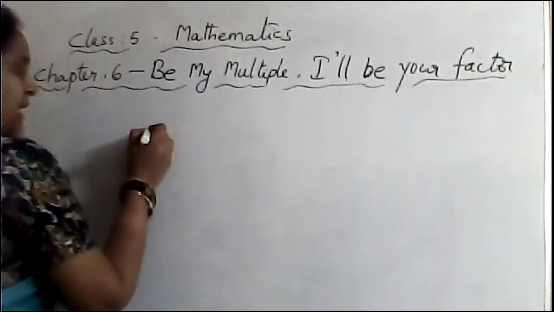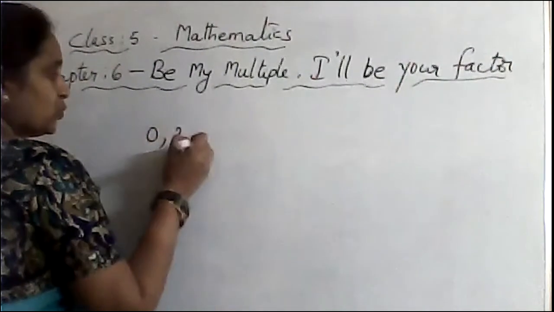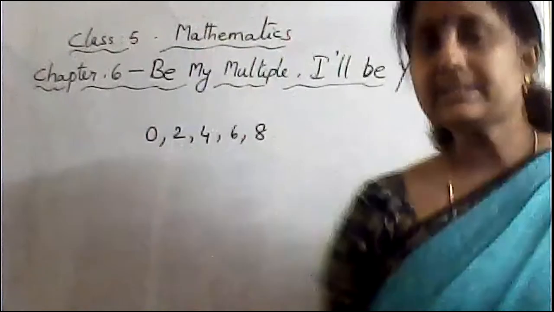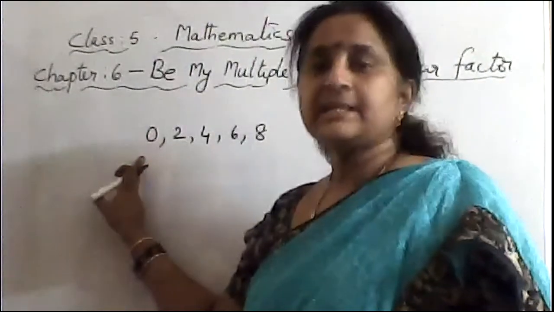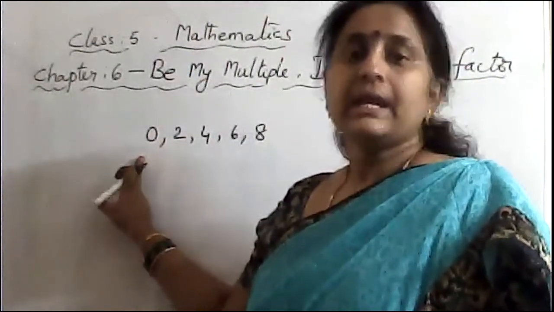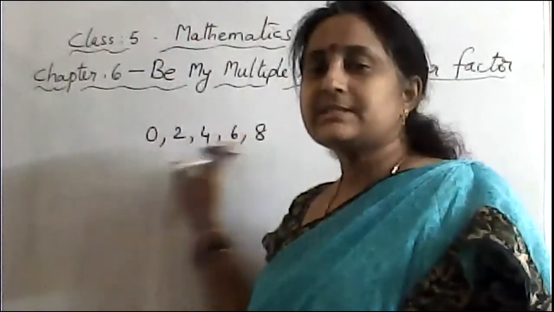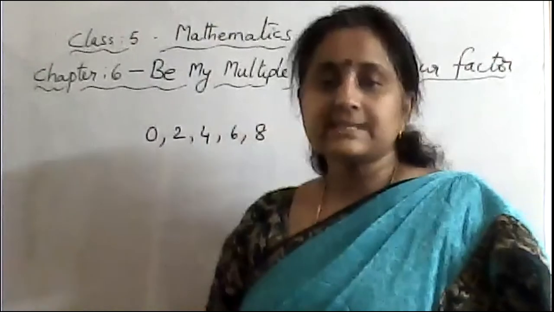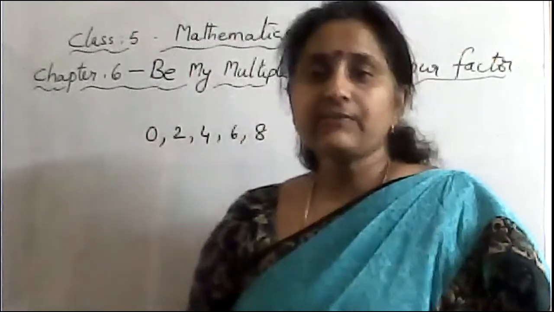The number has 0, 2, 4, 6, or 8 in its unit digit. If any number has any one of these digits in its units place, we can say that the number is an even number.